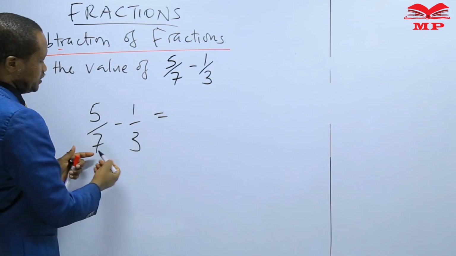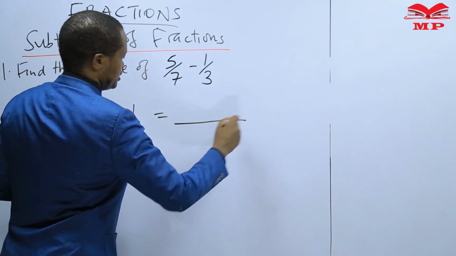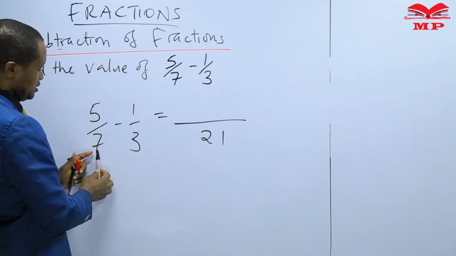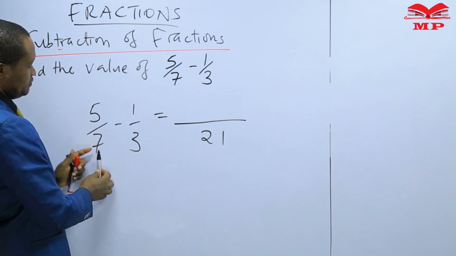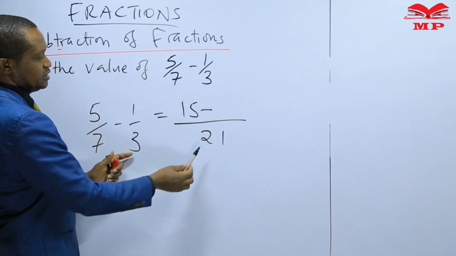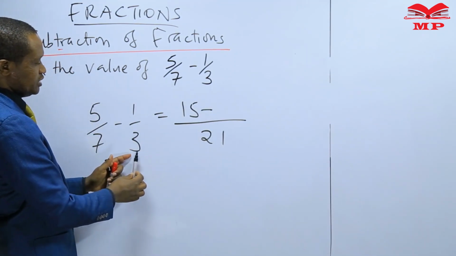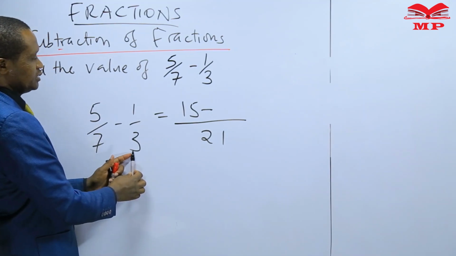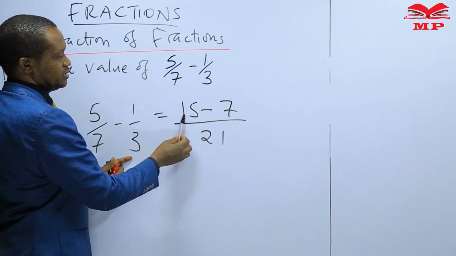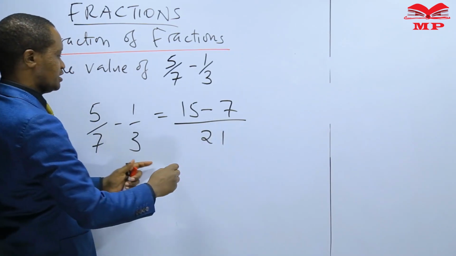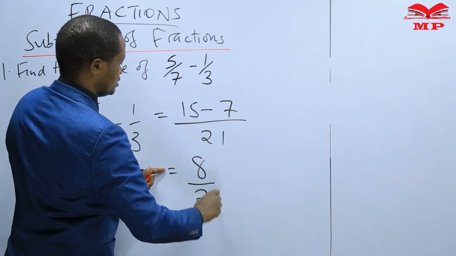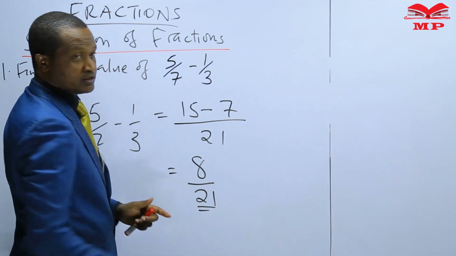The LCM of 7 and 3 is 21. 21 divided by 7 is 3, times 5, 15, minus 21 divided by 3 is 7. 7 times 1 is equal to 7. 15 minus 7 gives us 8 over 21. So this is the answer.